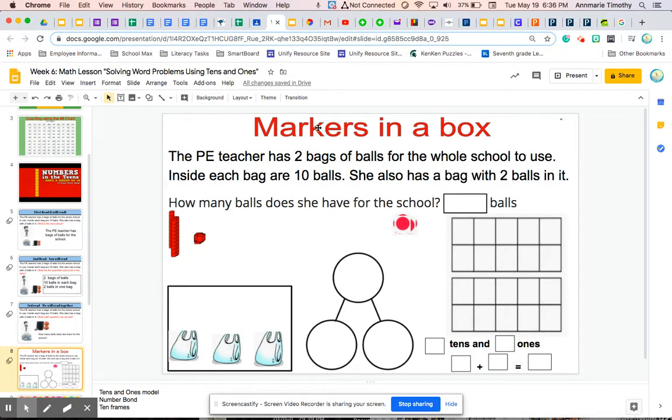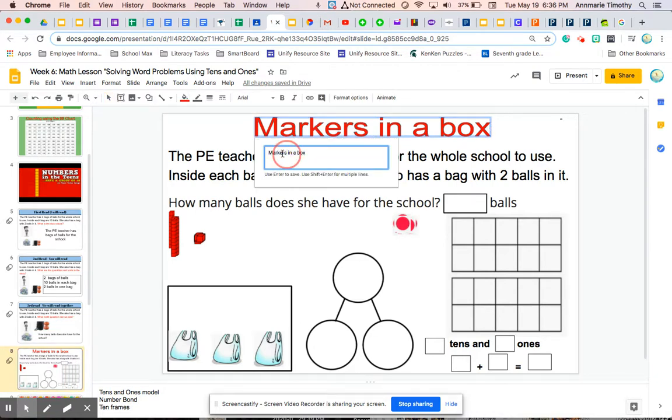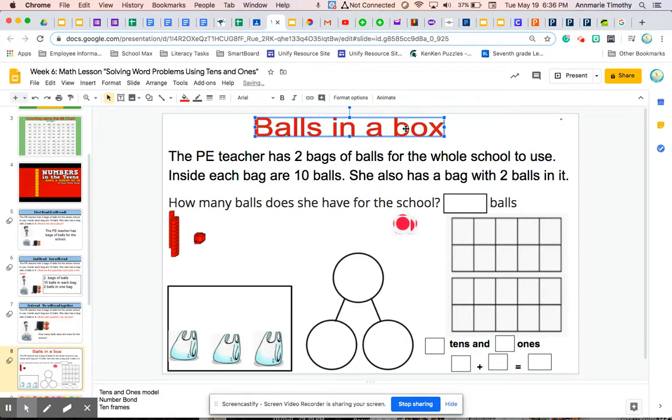I have these balls that are in my bag. And this is balls in a bag. Okay. So we said the PE teacher has 2 bags of balls for the whole school to use. Inside each bag are 10 balls. So I'm going to use my 10 tens frame and I'm going to drag.